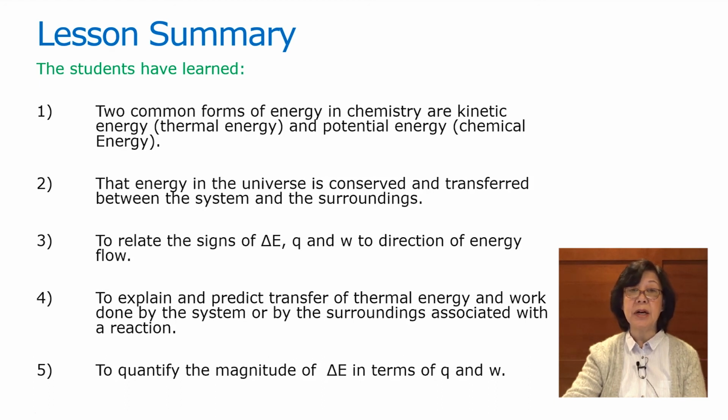We related the sign of change in internal energy, heat, which is Q, and work, which is W, to the direction of energy flow. We explained and predicted the transfer of thermal energy and work done by the system or by the surroundings associated with the reaction. And finally, we quantified the magnitude of delta E in terms of Q and W.